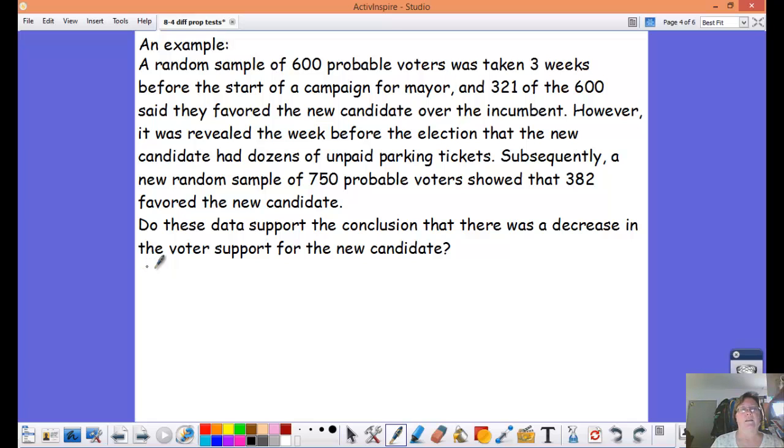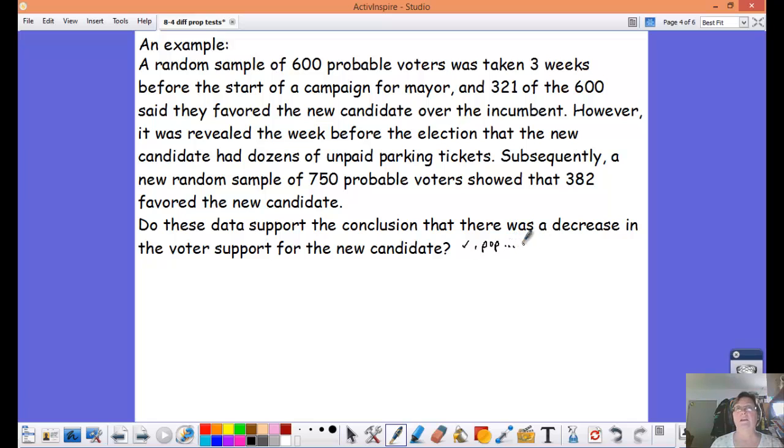Well, let's see. We want to take a look at our criteria. Random sample. So we've got the random and binomial because they either vote for the guy or not. Okay, that's one of our criteria. The probable voters in this area, we don't know a lot about that. So the population, we're going to hope, right?